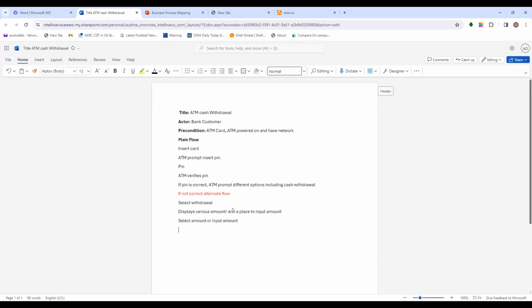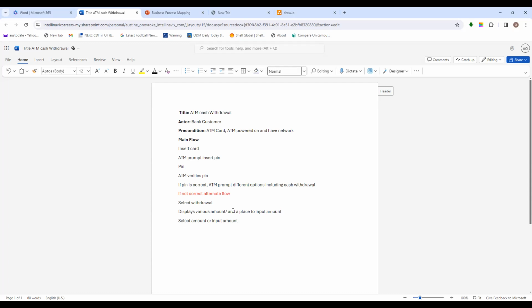After this stage, what's next? Enter. Some ask for your account type, if you're using savings or current. Some don't ask. Let's assume in this case it's not asking.